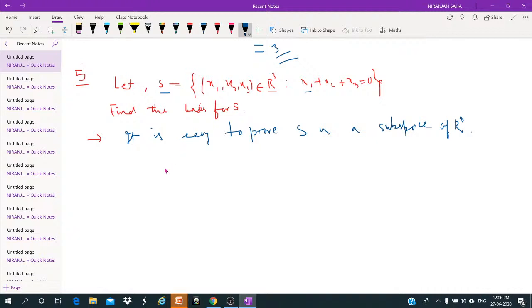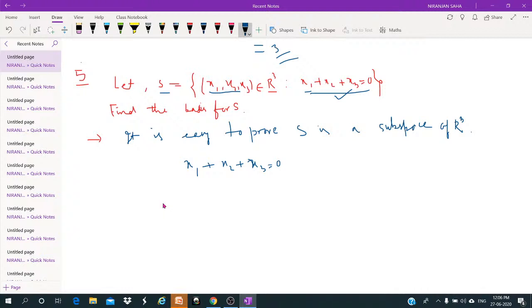Now, to find the basis of S, we are given this equation, and all the components of any point in S must satisfy this equation. So x1 plus x2 plus x3 equal to 0.